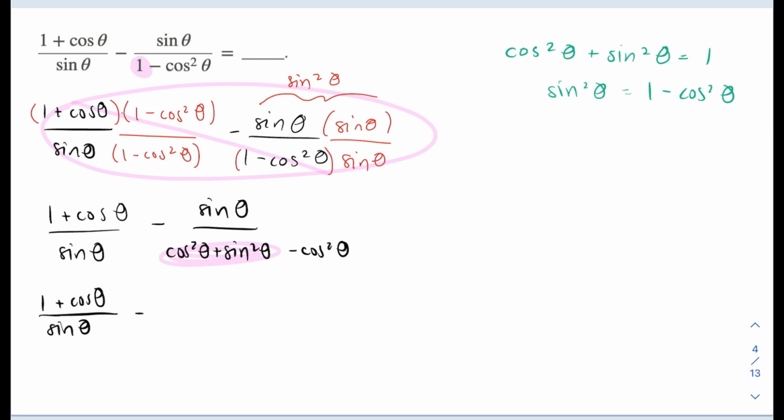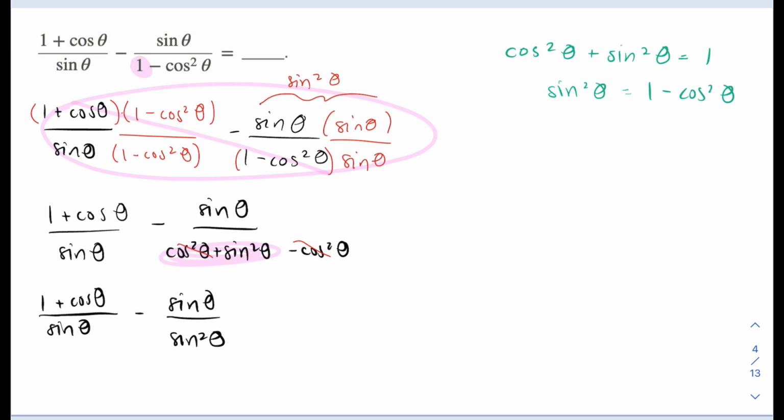Sometimes things will look a little more complicated before they get simple, but our end goal is simplifying. And we can see here cosine squared minus cosine squared is going to cancel. So I'll be left with sine squared of theta. I could make a common denominator at this point by multiplying this side by sine over sine, and you would probably get to the same place in the end.